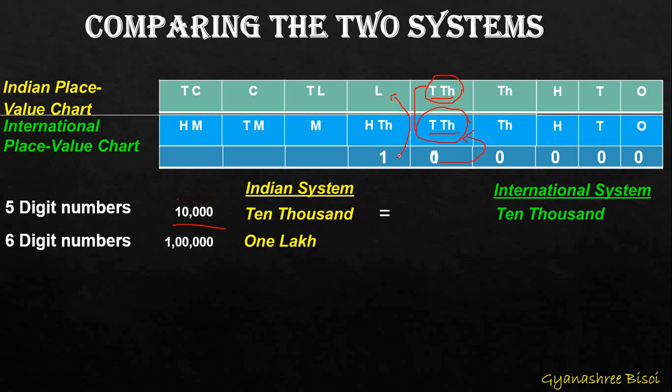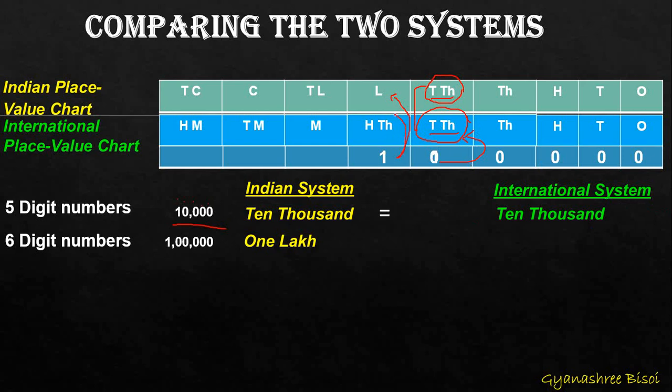Correct? See, the number is not changing. We are just arranging differently. That means the grouping of digits is different. Correct? So in the international system, how are you going to read this?